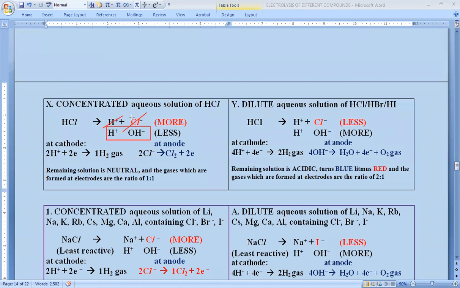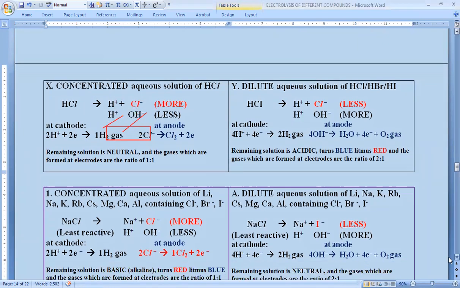So in a concentrated aqueous solution of any ionic compound along with a polar acid like HCl, HBr, HI, the remaining solution is neutral, which does not change blue litmus to red or red litmus to blue. There is no change on litmus paper. The gases, hydrogen and chlorine, remain.